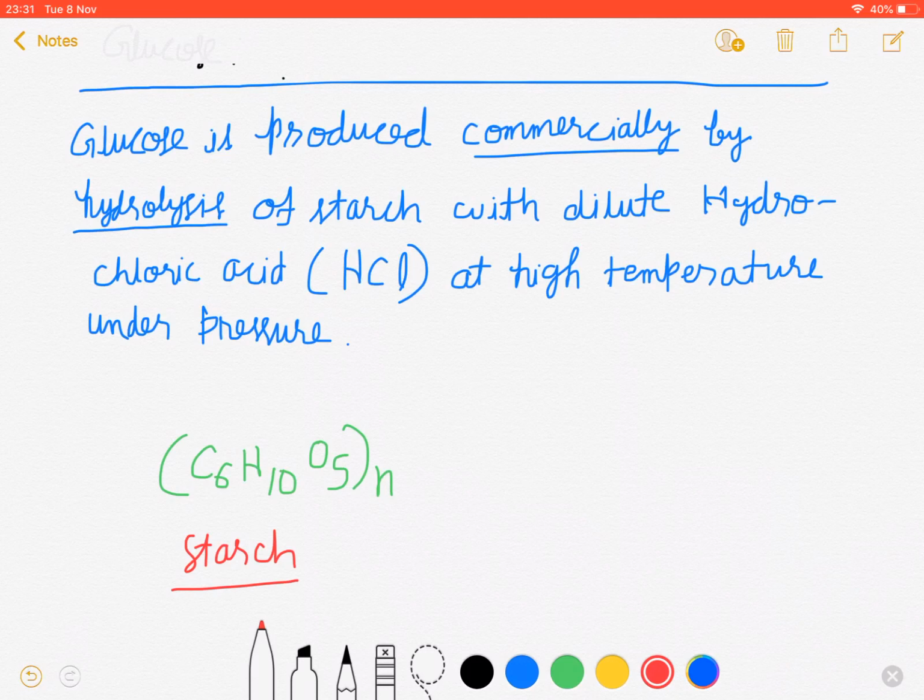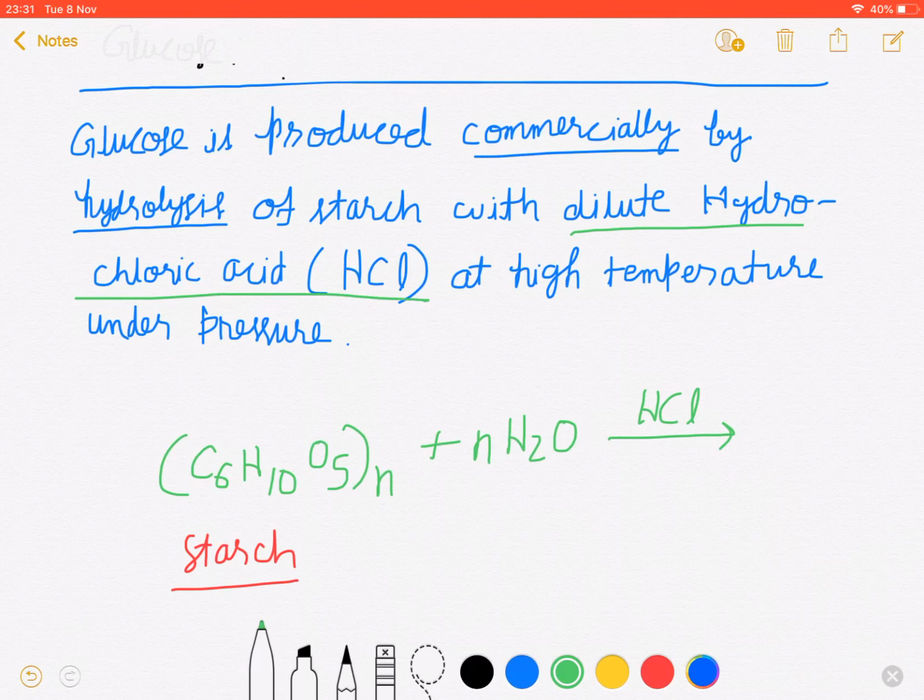This is the formula of starch, and if you hydrolyze it, that means breaking it down using water, I'm going to react it with water in the presence of dilute hydrochloric acid.